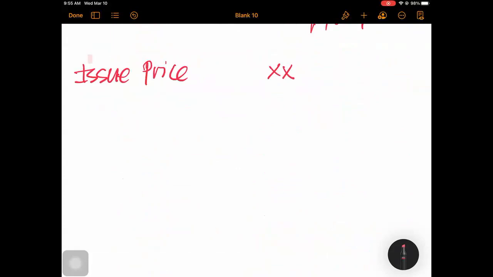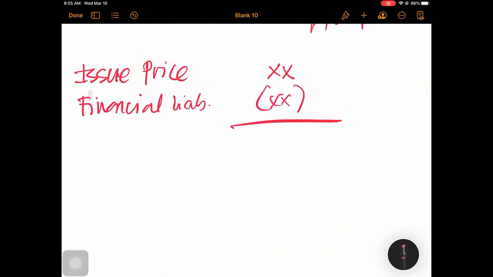Kanang issue price nimo will be allocated to your financial liability first, and then the balance will be your equity instrument.